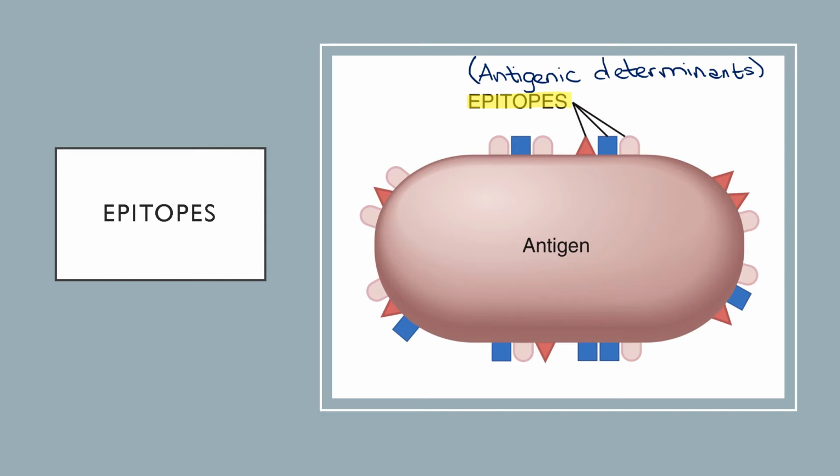Most antigens have very many epitopes, each of which induces production of a very specific antibody or activates a specific T cell. So here we can see a variety of very different epitopes on this antigen.